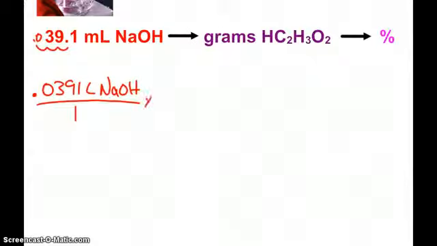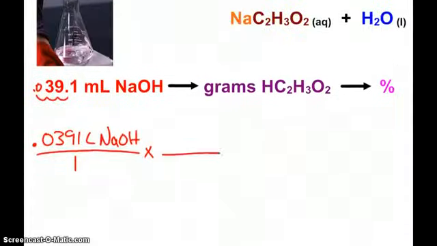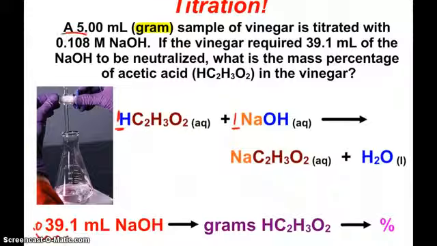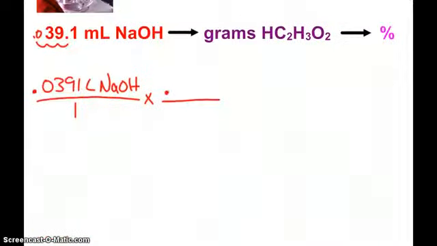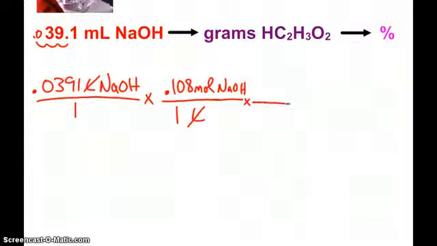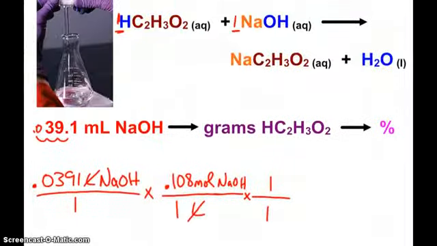And then I can use the molarity that was up in the problem, 0.108, and I can say that there is 0.108 moles of sodium hydroxide in each liter of that solution. And now what I want to do is change from sodium hydroxide to acetic acid. And that, as I mentioned before, was a 1-to-1 ratio from our balanced equation up here.